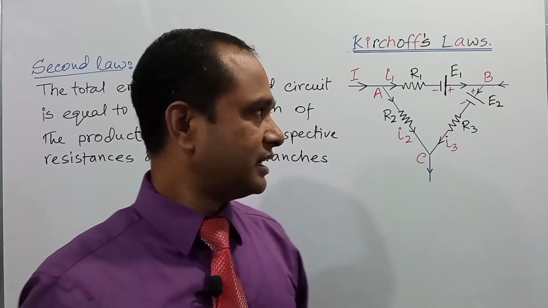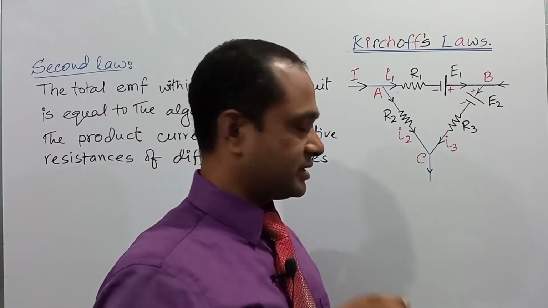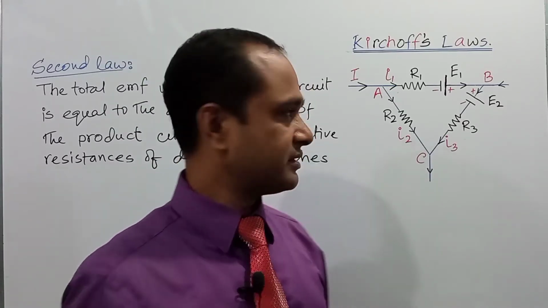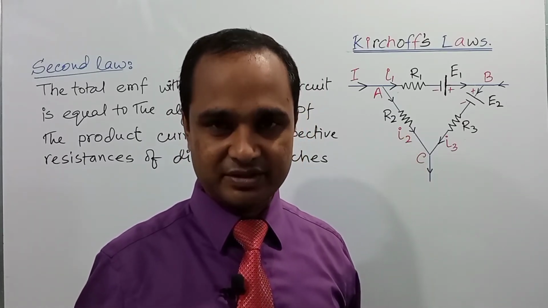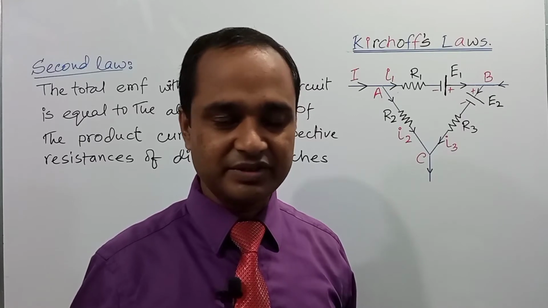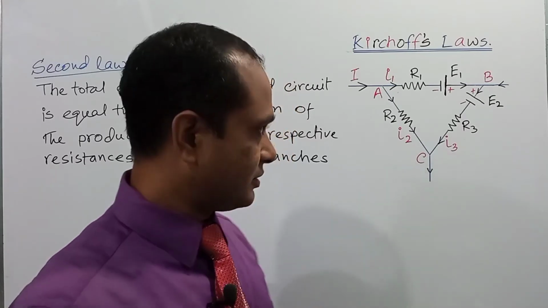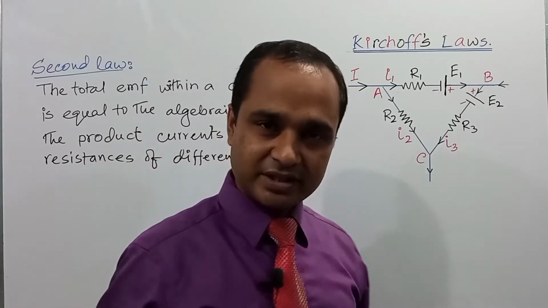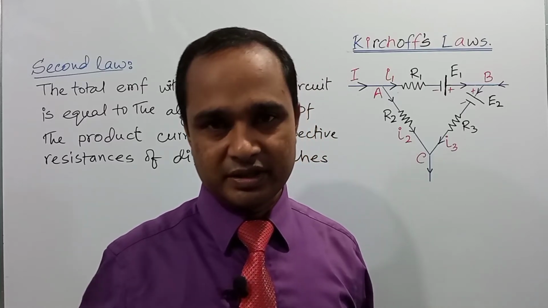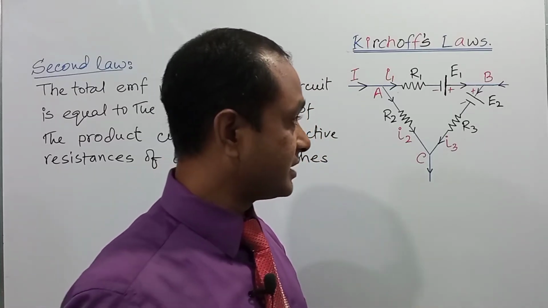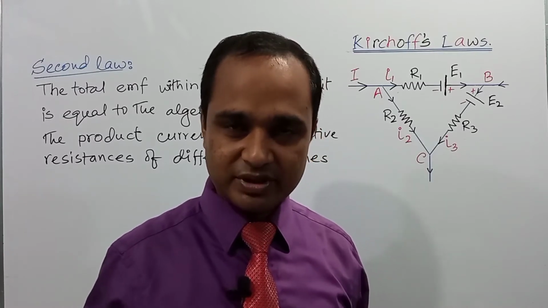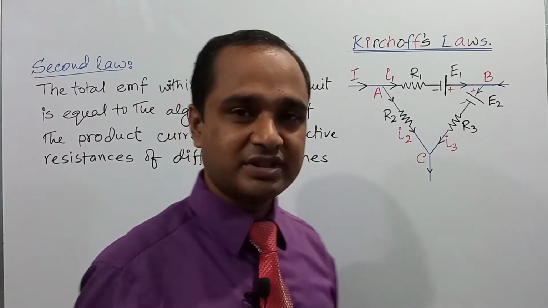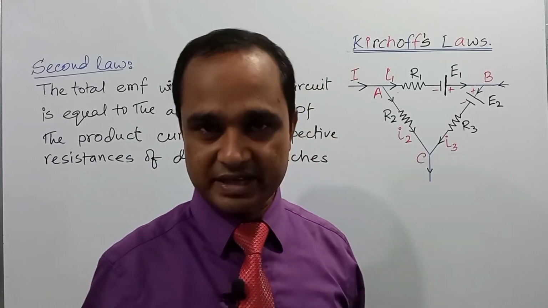For better realization, we take that the directions of the current in the different branches are different. So for a better conception, we take the direction of the current in the clockwise direction as positive and the direction of the current in the anti-clockwise direction as negative.